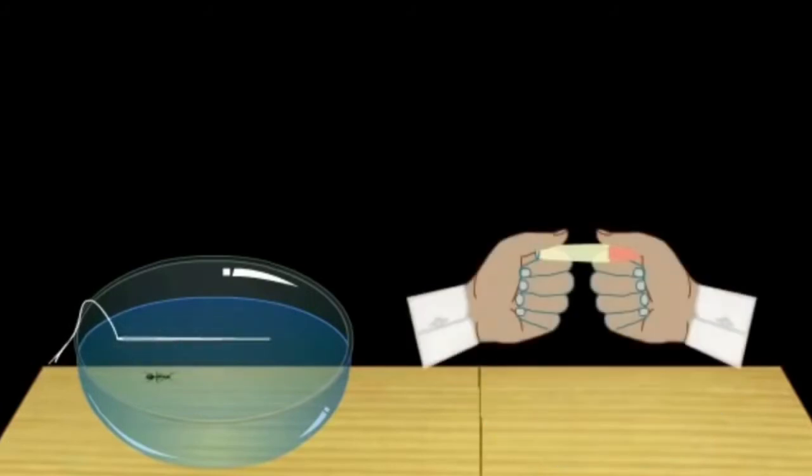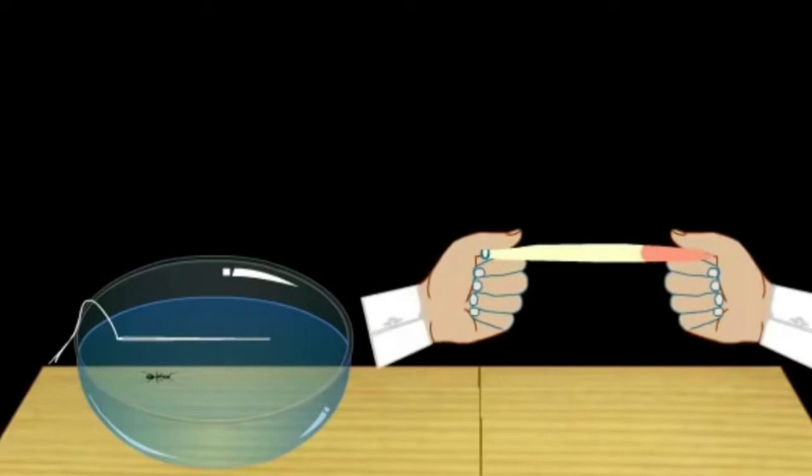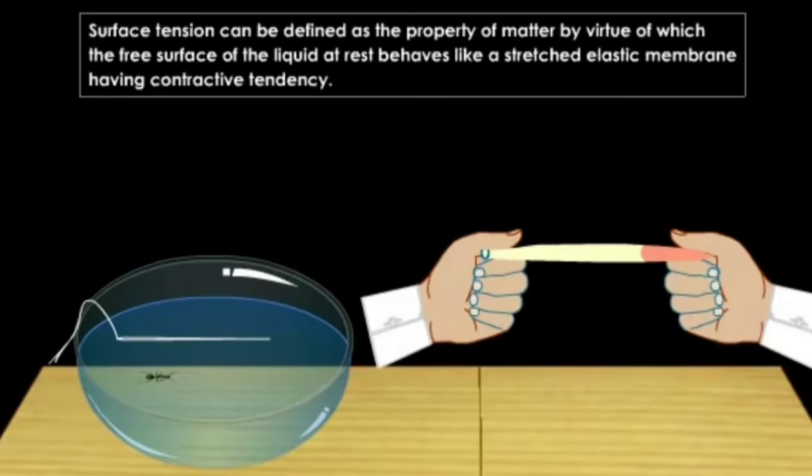You might have seen small insects walking over the surface. It is due to a property of water or any liquid by which its surface acts as a stretched elastic membrane, and that property of the liquid is called surface tension.